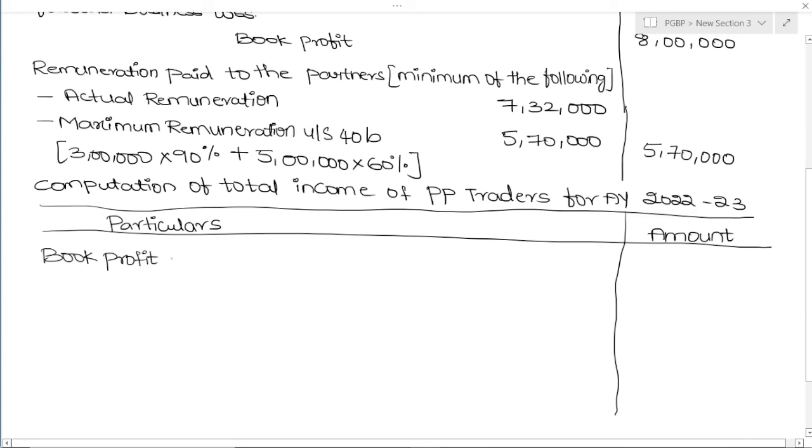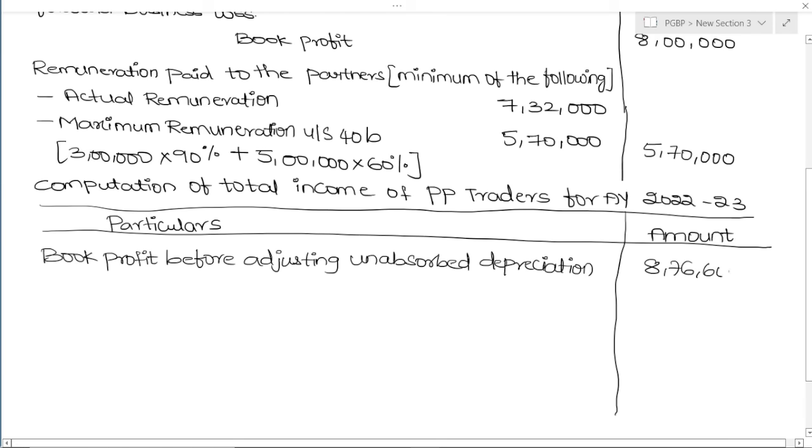Let's write down book profit before adjusting unabsorbed depreciation. How much? 8,76,600.